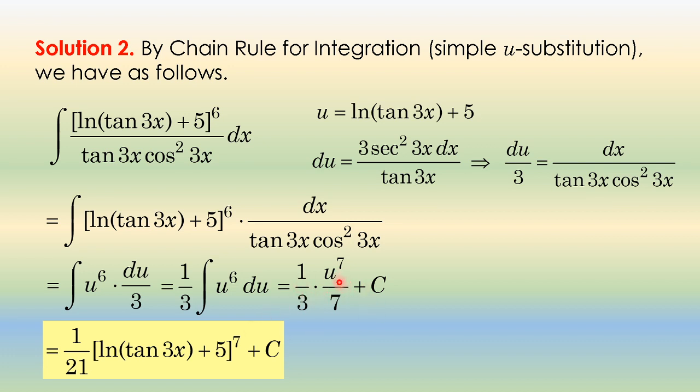So we get 1 over 21 times ln of tangent 3x plus 5 to the 7 plus c. Hence, the integral of this is equal to 1 over 21 ln of tangent 3x plus 5 quantity to the 7.